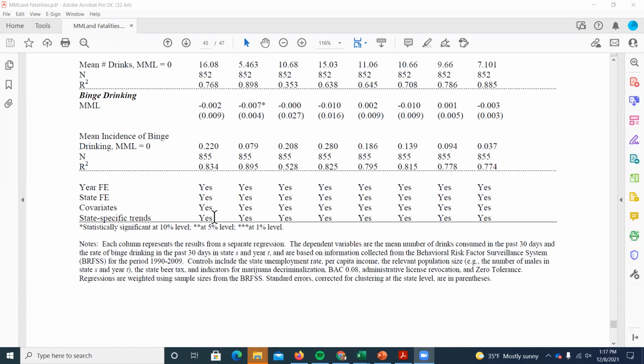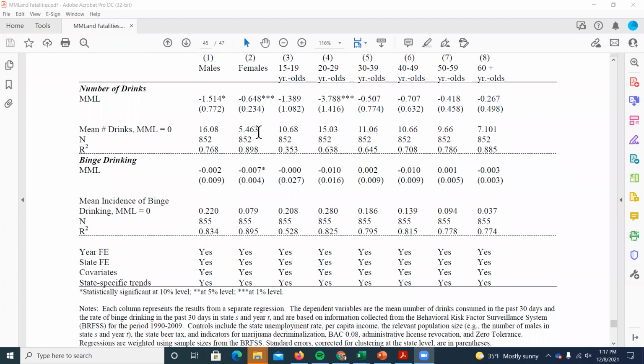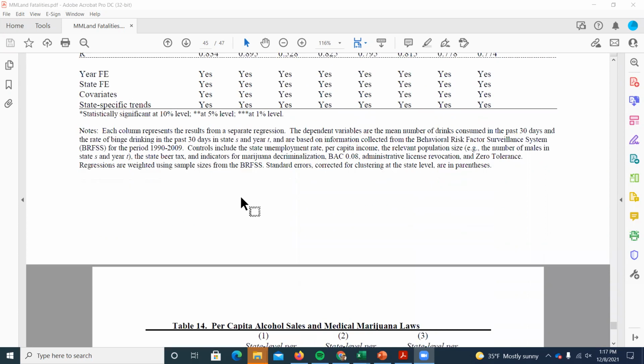So we've really got a lot of strong controls, and we're still seeing that this is a significant relationship, right? That for young individuals, specifically more so males, it's decreasing alcohol consumption. So this would be evidence that these two goods are substitutes, right? When one became legal, people substituted away from using alcohol as much.